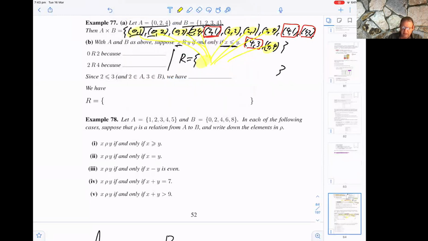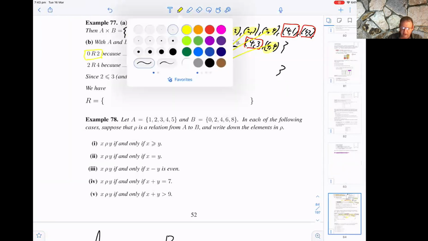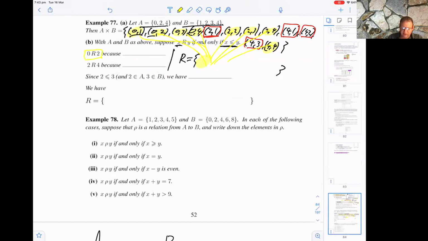And of course, 0R2, when you say this thing which is now highlighted here, it's just like saying 0, 2 is an element of the relation. And 2, 4 is an element of the relation, because for them x is less than y.